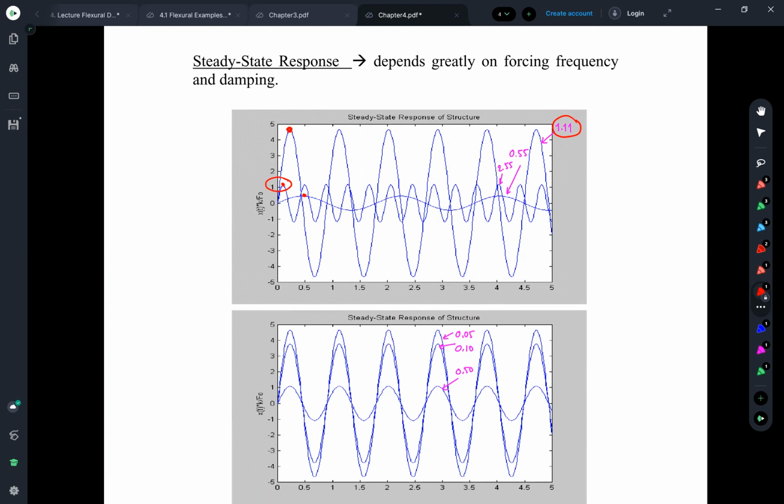But in reality, if the force acting on my building changes frequency, my building response will go to 4 point something meter. That is 4 times more than what I expected or what I used in my design. No doubt, you can expect the collapse of your building.